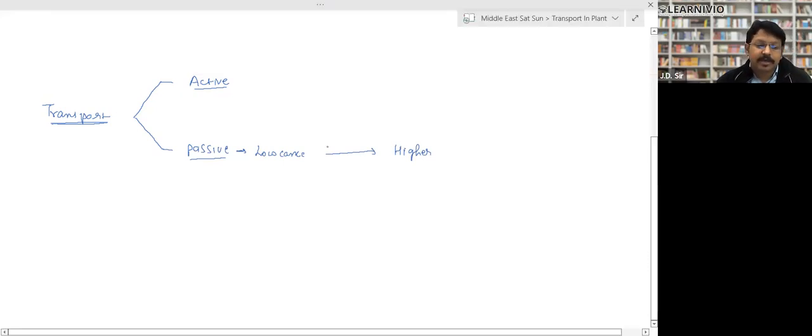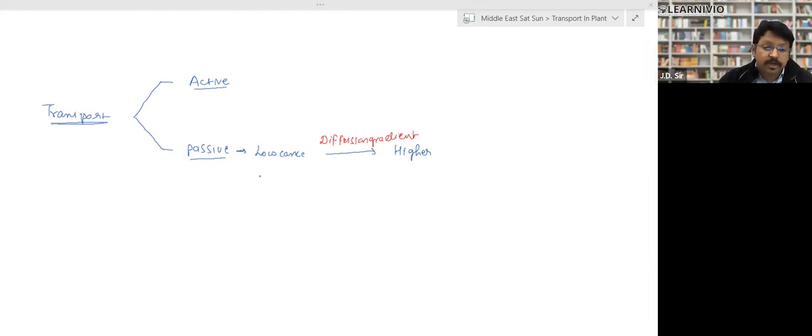But if I say the diffusion or transfer is taking place in the direction of the diffusion gradient, this is called diffusion gradient. So when transport takes place from low concentration to higher concentration, we call it diffusion gradient.